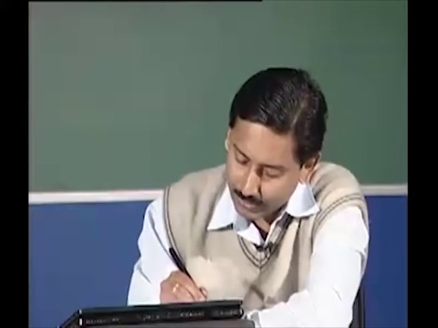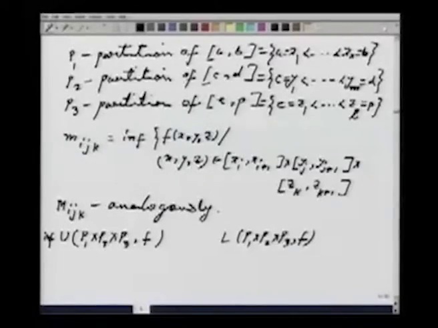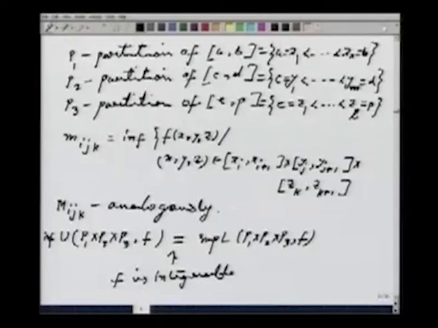Then I can look at the infimum of the U(P,f)s, and the supremum of the L(P,f)s, varying over all partitions. If these quantities turn out to be the same, then we say f is integrable, which is analogous to the double integration.